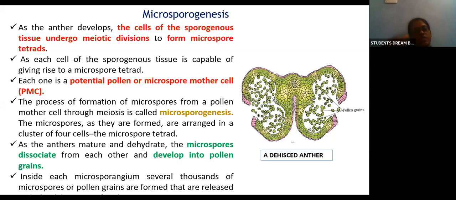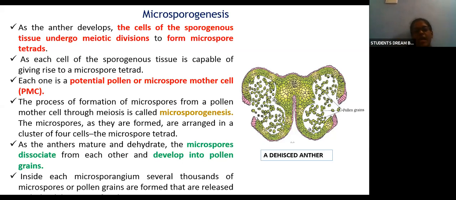Each of these will be a potential pollen or microspore mother cell. This process of formation of microspores from a pollen mother cell through meiosis is called microsporogenesis. Clear? The microspores, as they are formed, are arranged in clusters of four. As I already told you, a tetrad is a cluster of four.